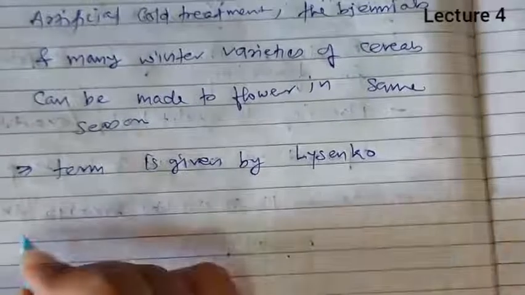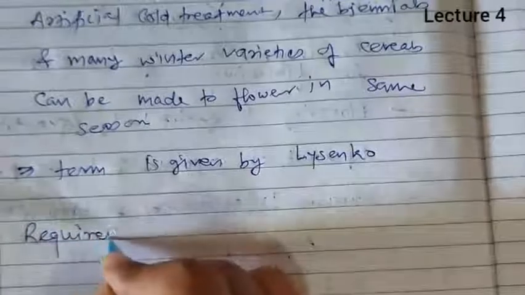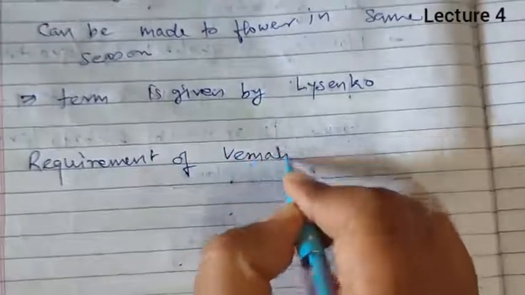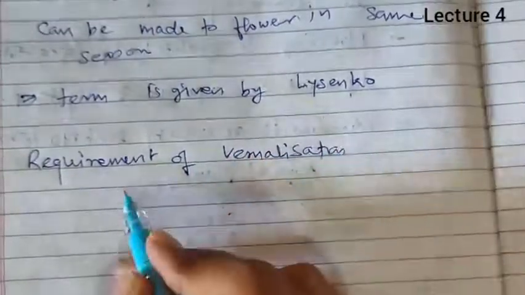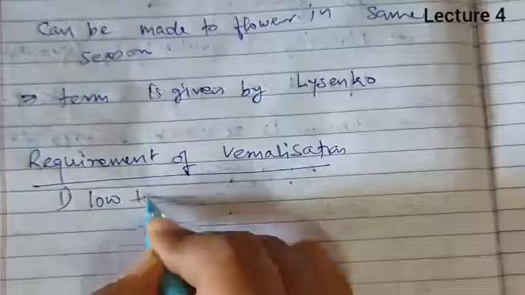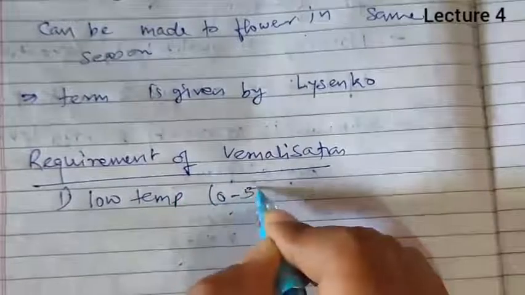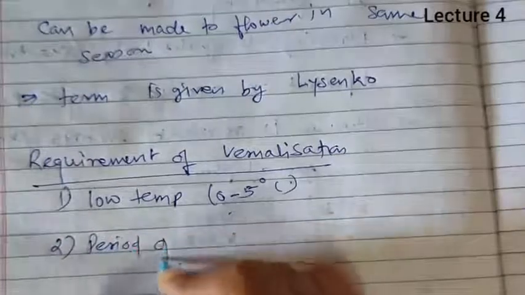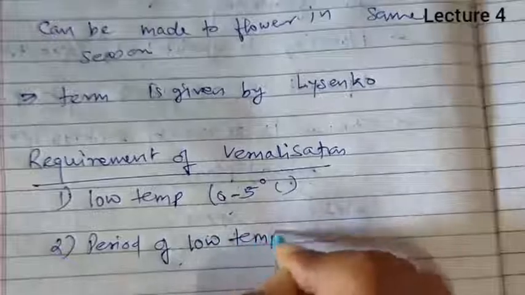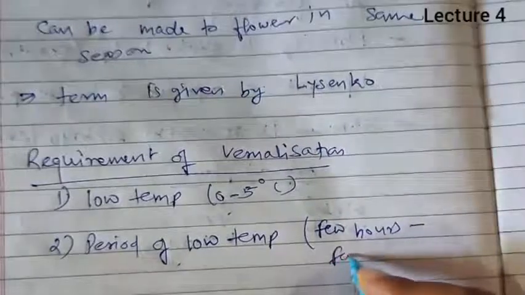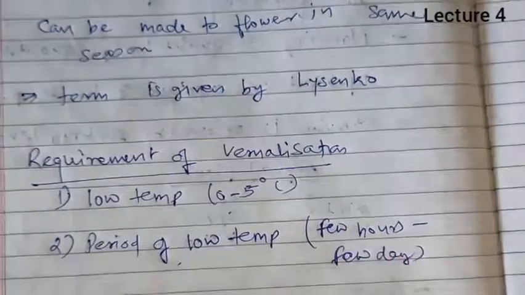Now we discuss the requirements of vernalization. When we discuss the requirements, we come to know that first it requires low temperature, that is 0 to 5 degrees Celsius. Second, a period of low temperature, that is a few hours to a few days.